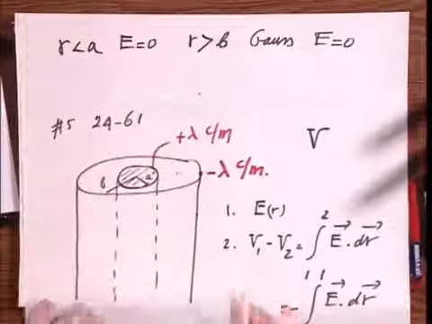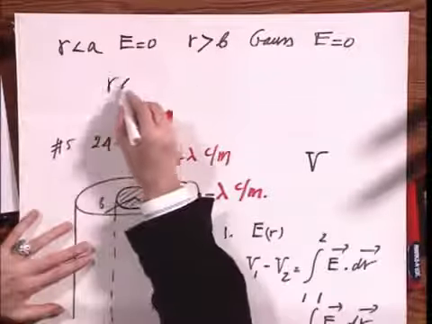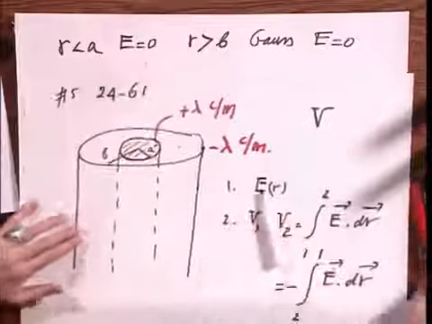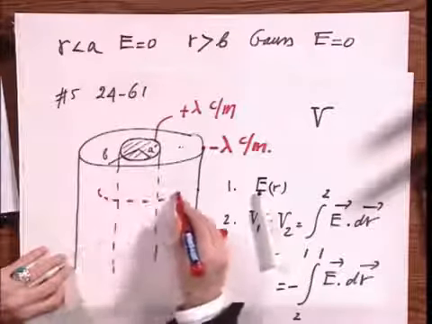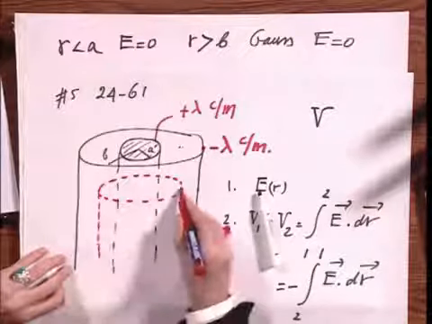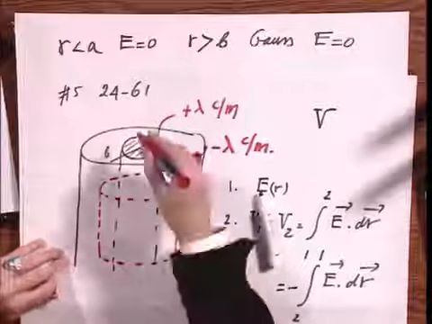What now is the electric field between A and B? That's really the only part where you have to do some calculations. Well, inside this vacuum I now produce a Gaussian cylinder, coaxial.